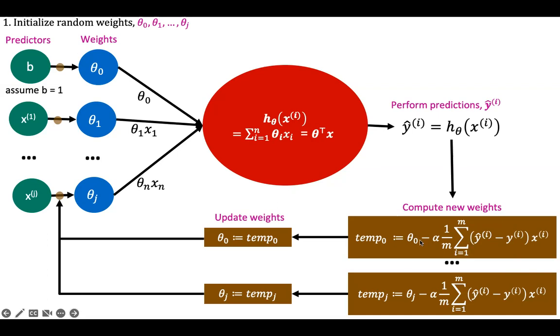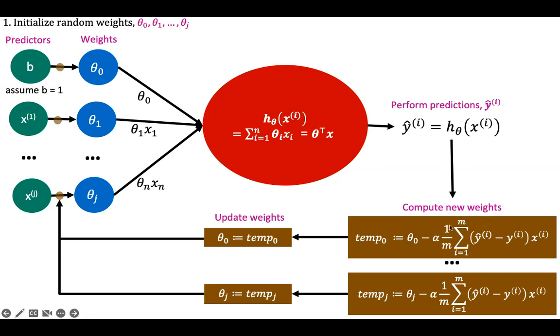We have theta minus the learning rate alpha times 1 over m, where m is the number of samples. And for all of the samples in the training set, we compute the error between the predicted and the actual, multiplied by the x predictor, okay?